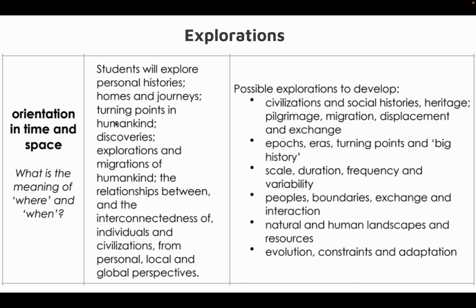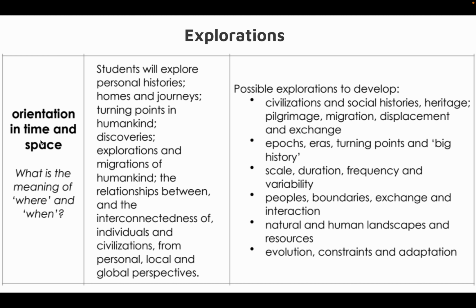There are explainers like this that are available on the MyIB website, where teachers of the IB receive a login and have access to a very important document called the Subject Guide, which is about 80 pages long and goes through all of the particulars, as well as helpful explainers like where I found the explorations.